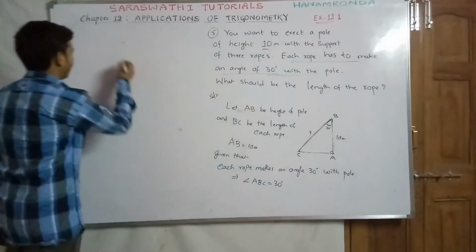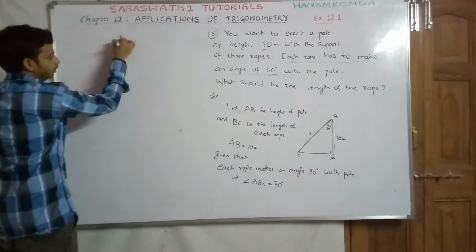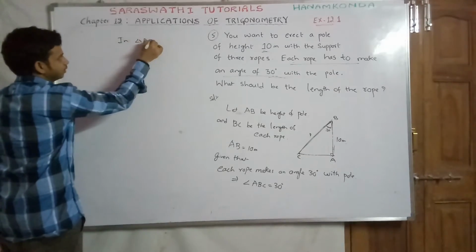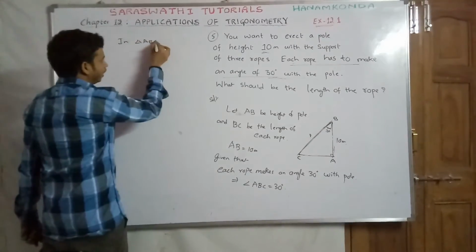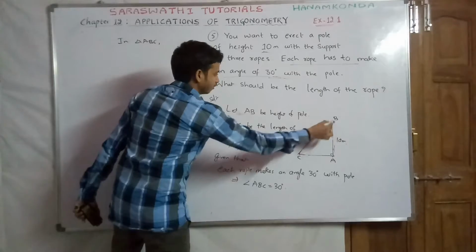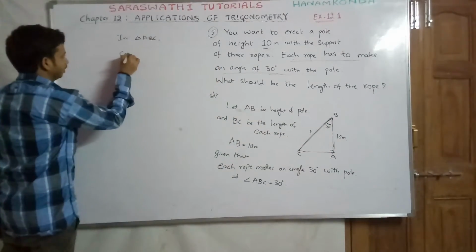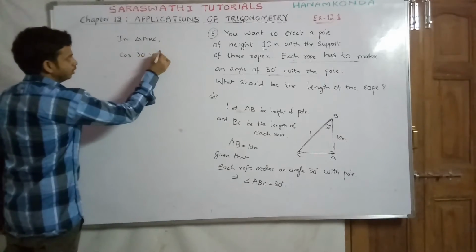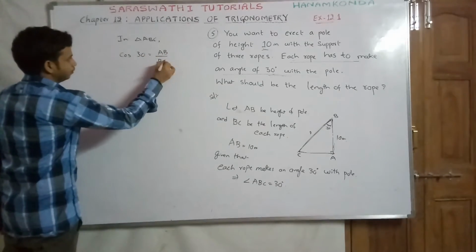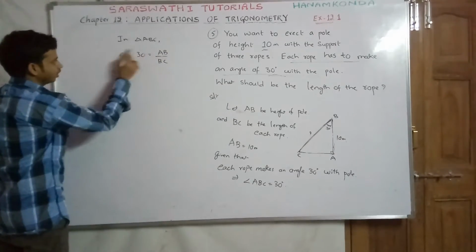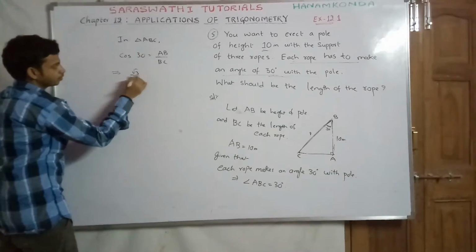So in triangle ABC, cos 30 equals AB by BC. We know the cos 30 value is root 3 by 2.